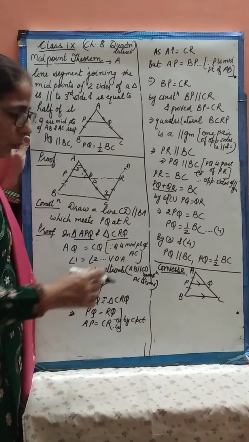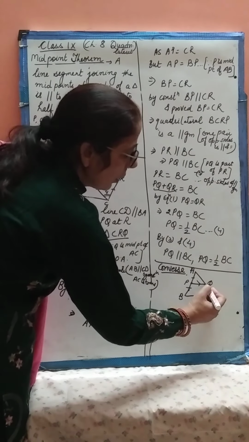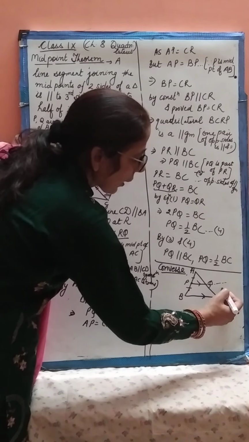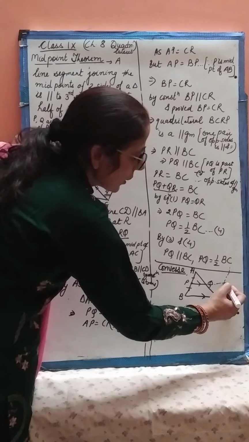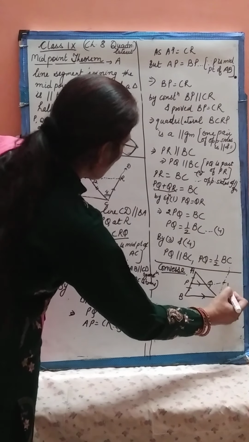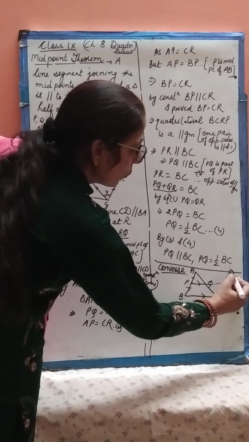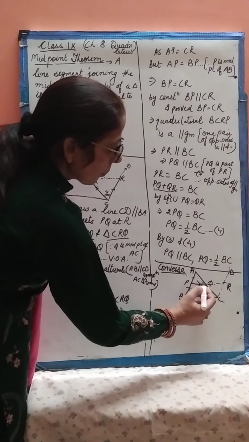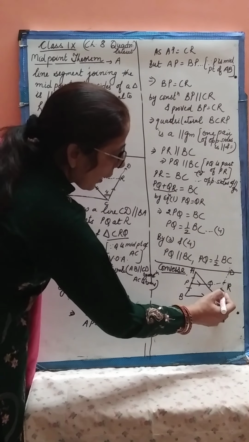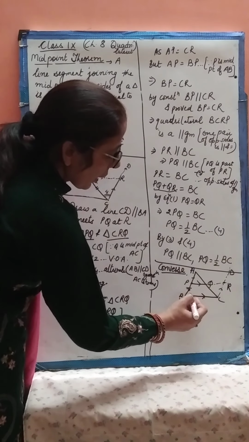We can also prove it in a similar manner. We can extend it and draw a line parallel which meets it at this point. We have taken it as R. This is given, this is parallel.